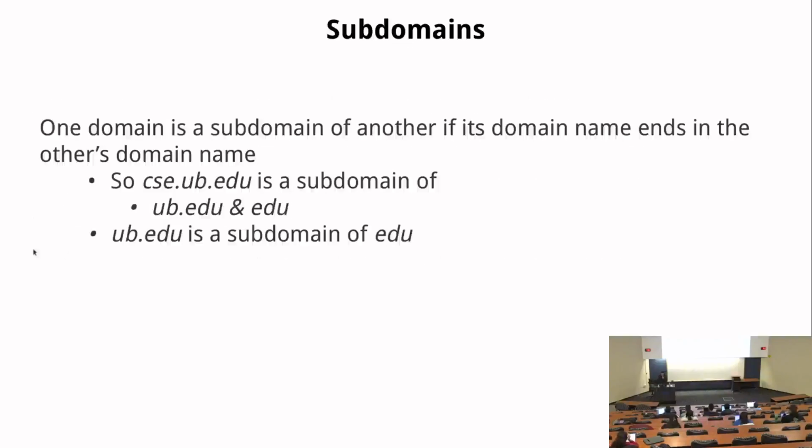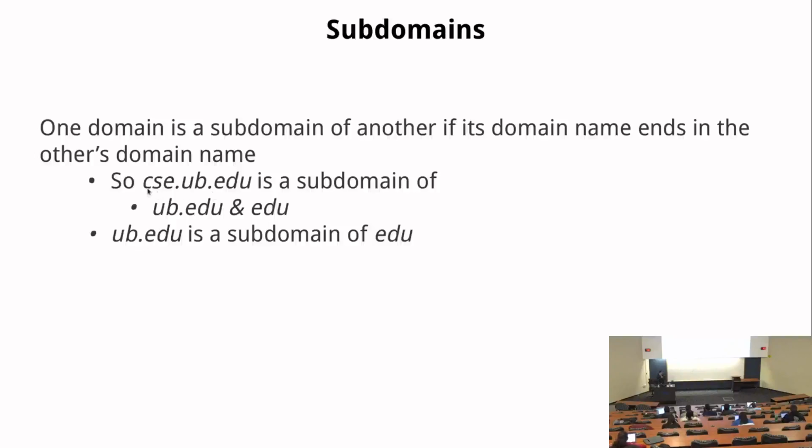For example, when you visit ub.edu in your browser, it probably actually redirects to www.ub.edu, which could be one host or many hosts serving UB's website. Then if you visit cse.ub.edu, you visit the website of the CSE department.